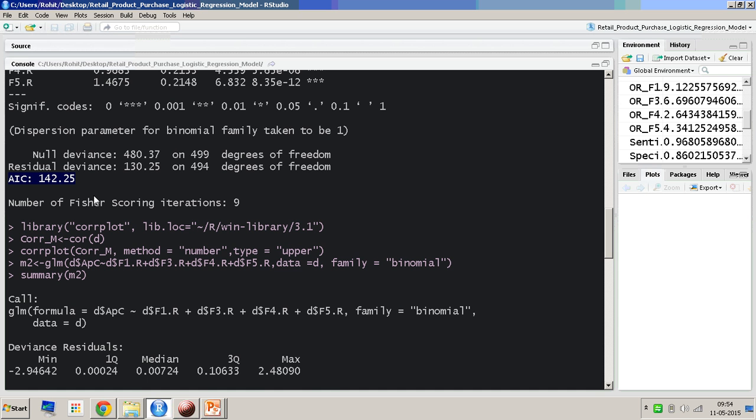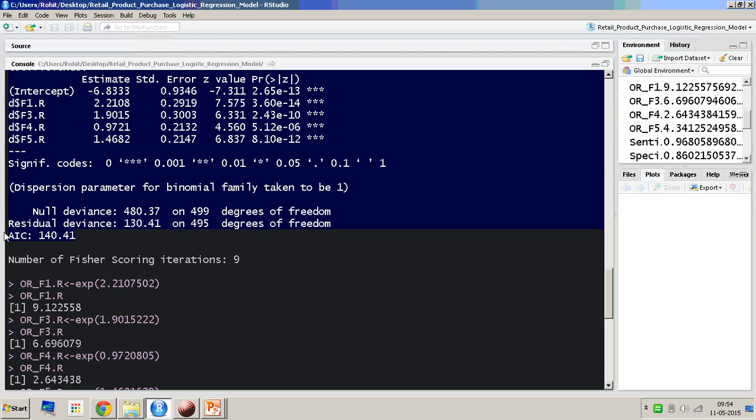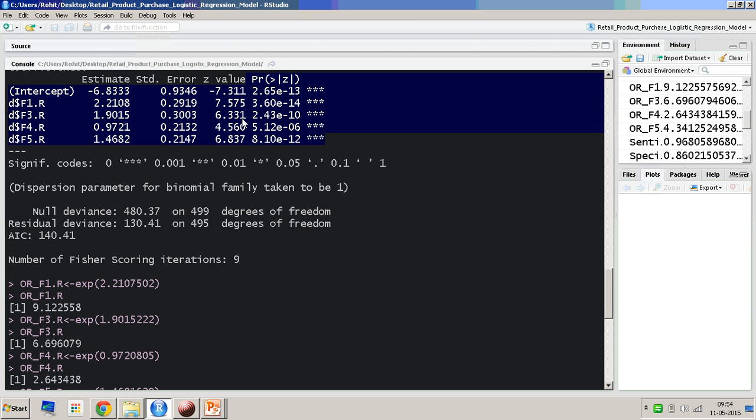Even though I stated that these two models are not very different, we can still see a slight difference in the AIC values and the preference for model 2, which is absolutely okay, because model 2 is also showing all the independent variables to be more significant and adding value to this particular model, or being more significant while influencing the dependent variable, versus model 1 which had f2.r, which was not significantly influencing the dependent variable.